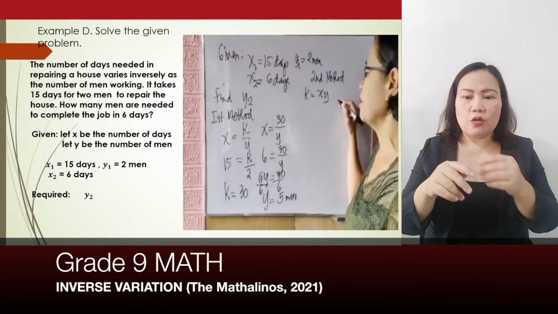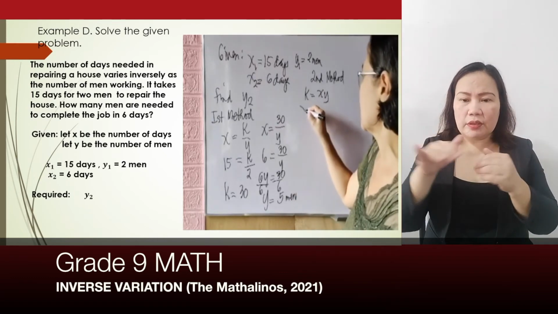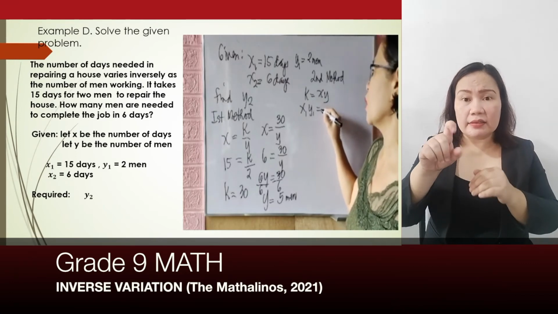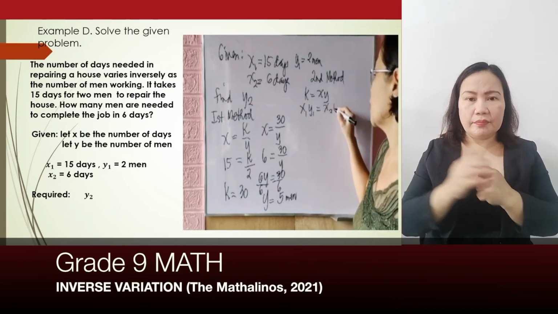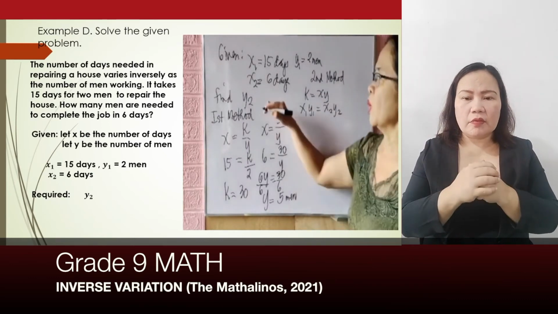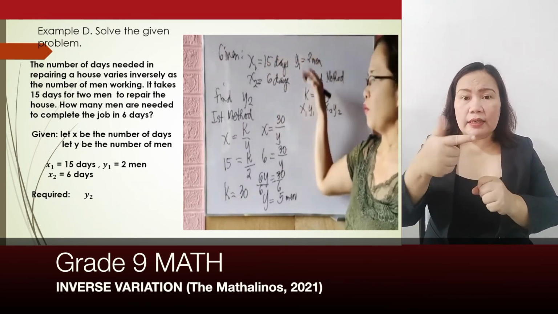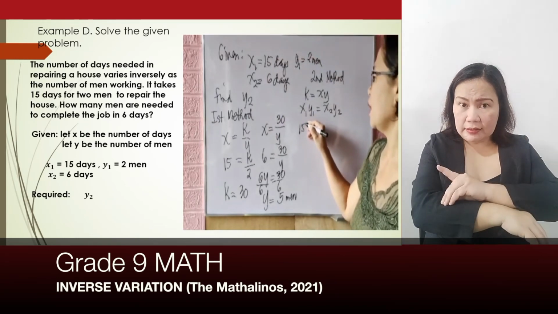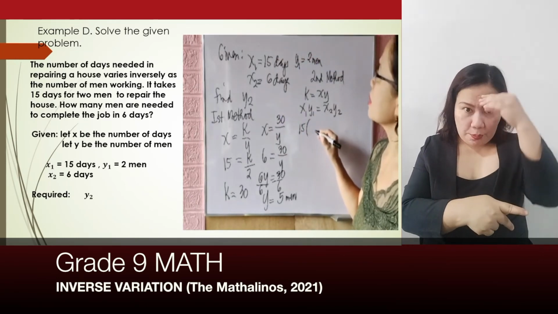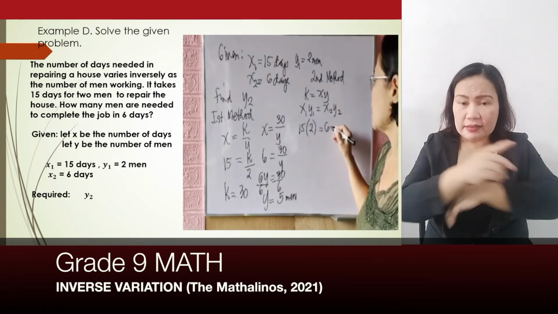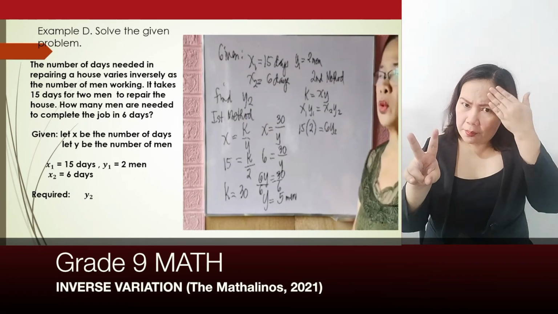So we can make a proportion as x sub 1 times y sub 1 is equal to x sub 2 times y sub 2. Now, using this equation, we substitute the given values. So we have 15 days times 2 is equal to 6 times y sub 2.